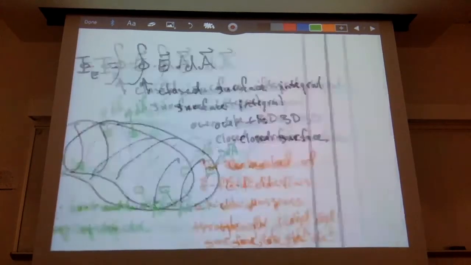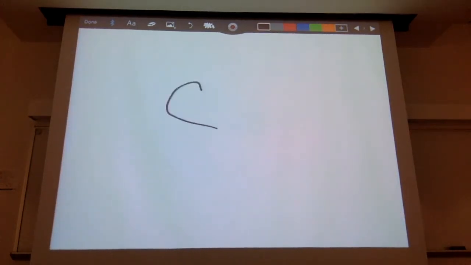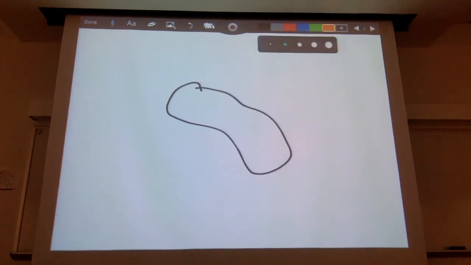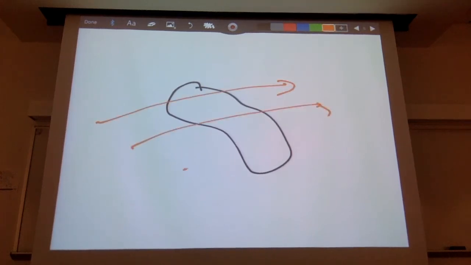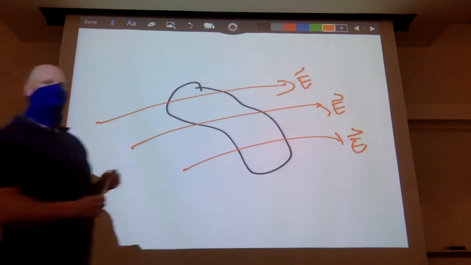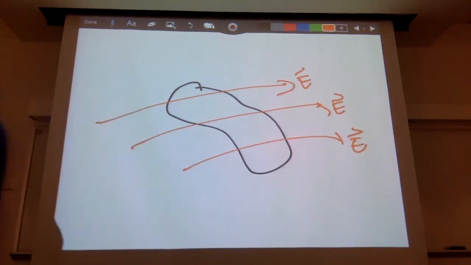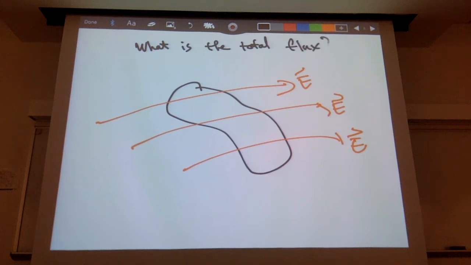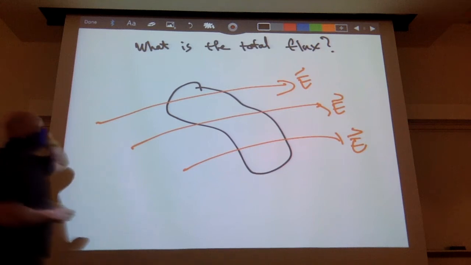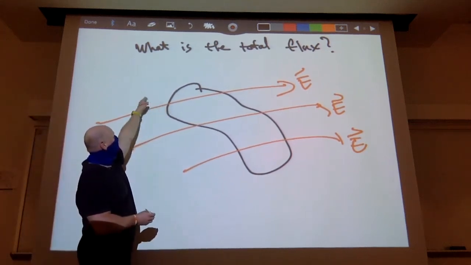So what does that mean? What that means is if this was my three-dimensional surface, and these were my electric field lines which are passing through this surface, what's the total flux through the surface? So what I want to know in this case is what is the total flux? Well, again, over here, my dAs are pointing in this direction, right?